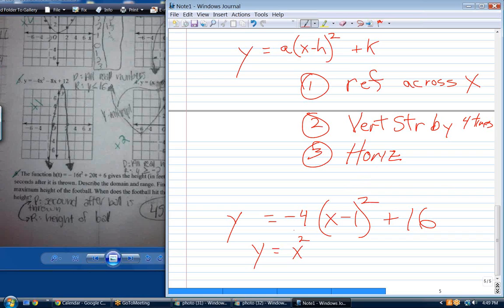It's to the right because it's a 1. In other words, the standard is x minus h. Whatever h is, that's the shift amount taking place. And if it's a positive h, it goes to the right. If it's a negative h, it goes left. In this case, it's a positive h, so it's a horizontal shift, not stretch, shift, right 1.